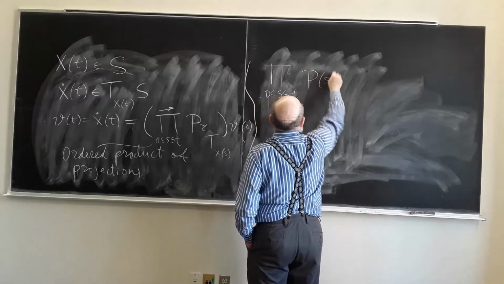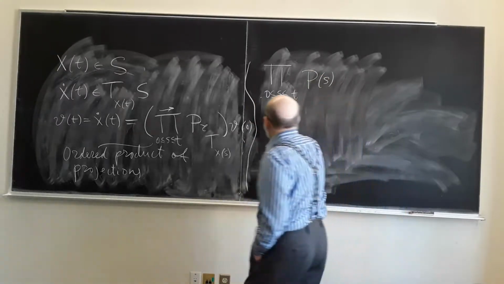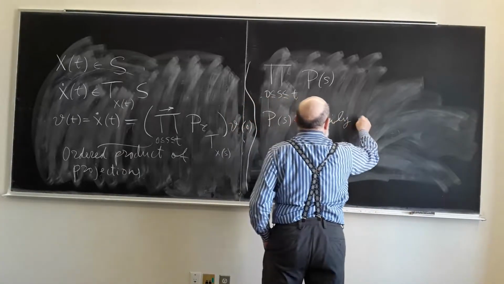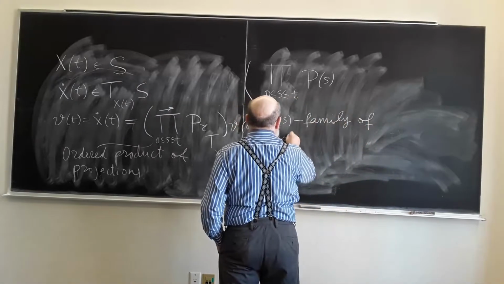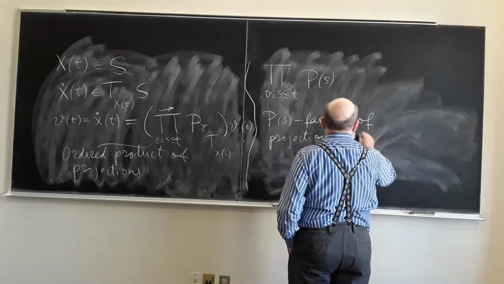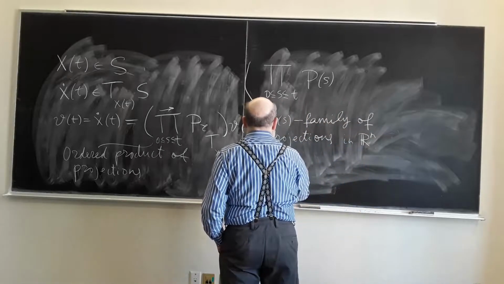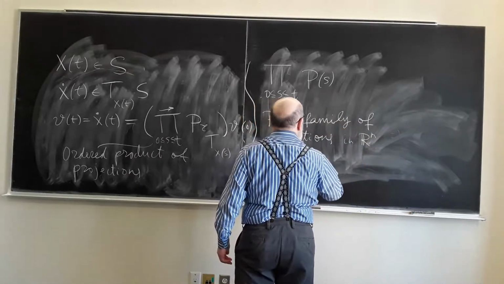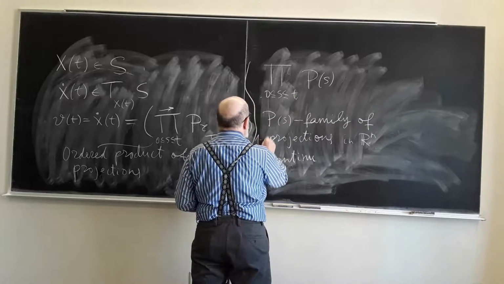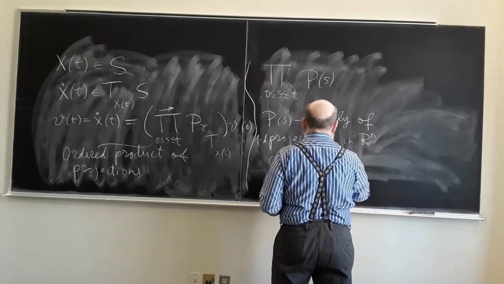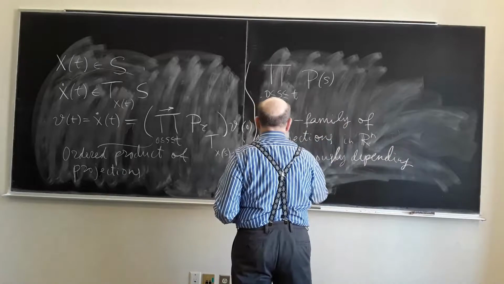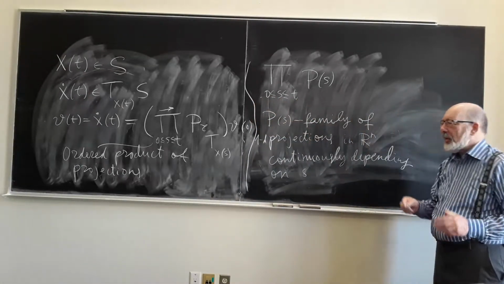Let me write P of S, for any S, a family of projections in, say, R^n, continuously depending on S. Let's say 1D projections.